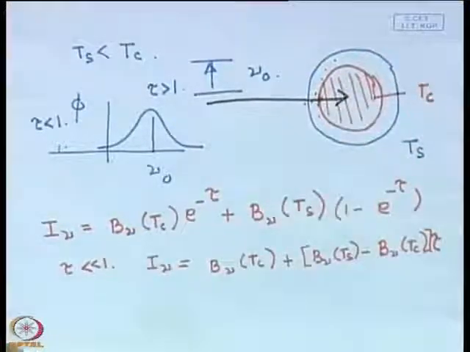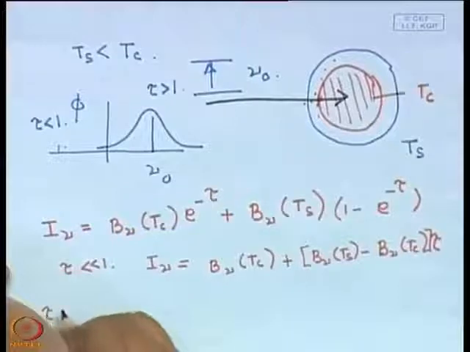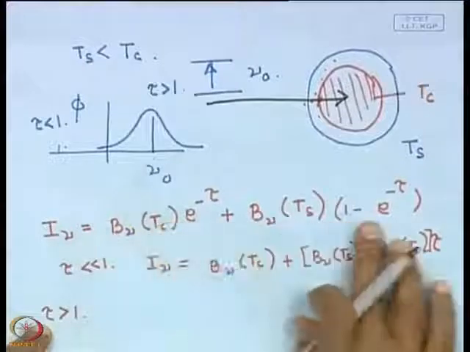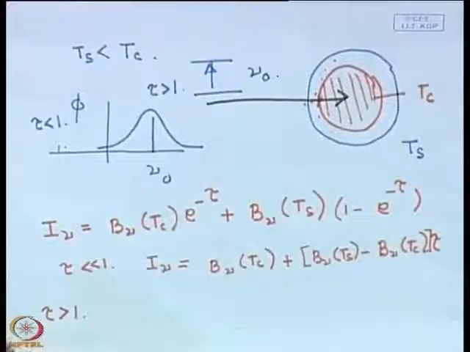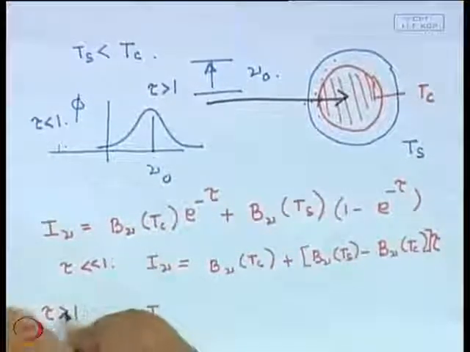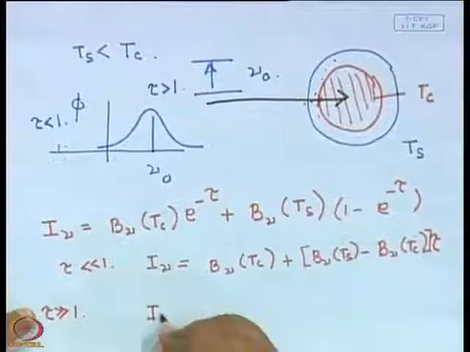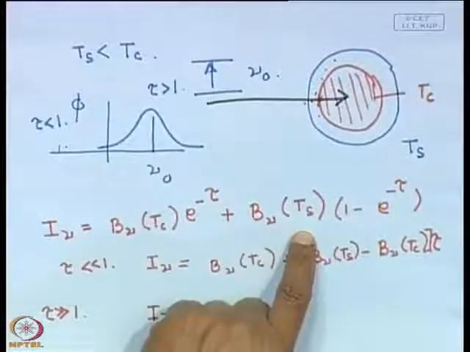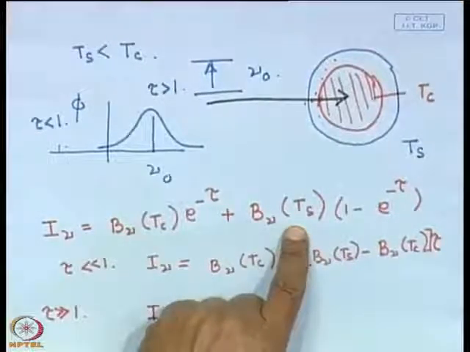Now let us consider the other limit where the optical depth is greater than 1. In the limit where the optical depth is extremely large, let us just look at that limit. If the optical depth is much greater than 1, then I nu will go over to the black body spectrum with the temperature of the shell.